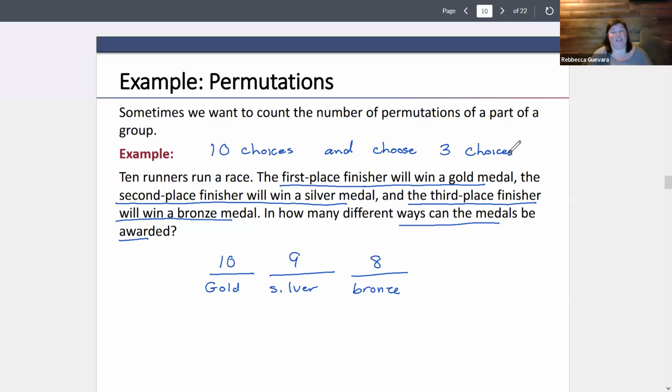I might have 10 choices, but I'm only interested in 3 of them. The number of ways I can award the medals is 10 times 9 times 8, which is 720. So I have 720 ways the medals can be awarded.